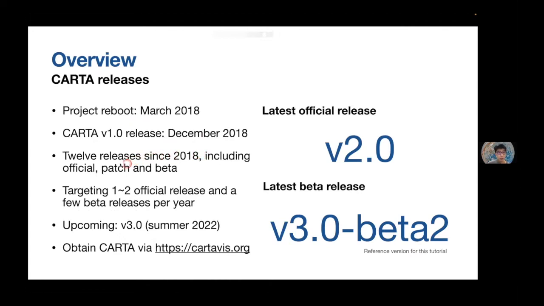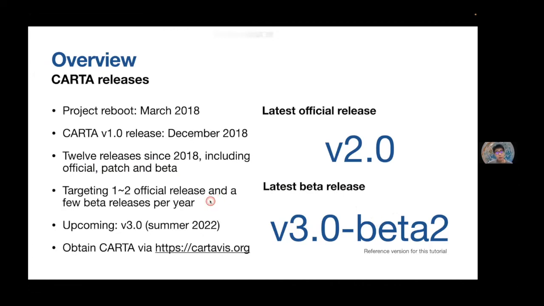This includes the official releases, patch releases, and also the beta releases. The latest official release is version 2.0, and the latest beta release is version 3.0 beta 2. In this tutorial, I will be using this version 3 beta 2 as a reference version to demo the features.